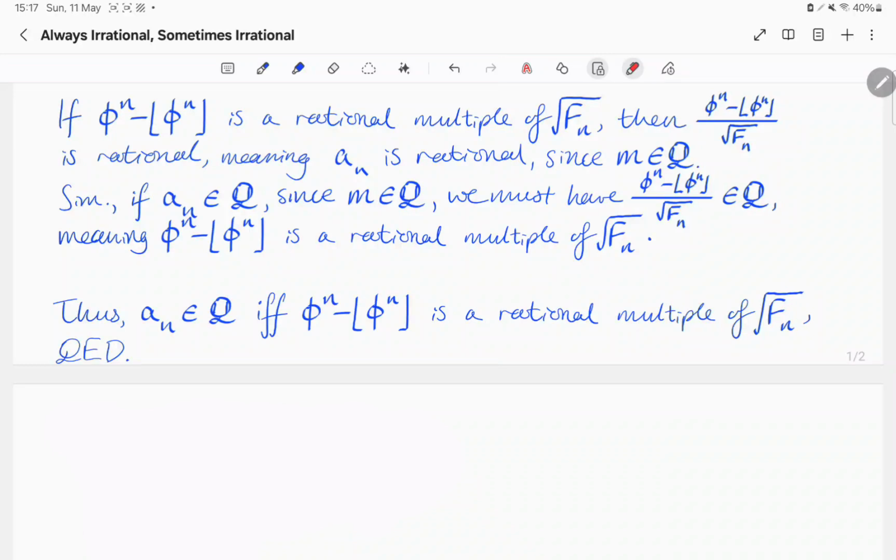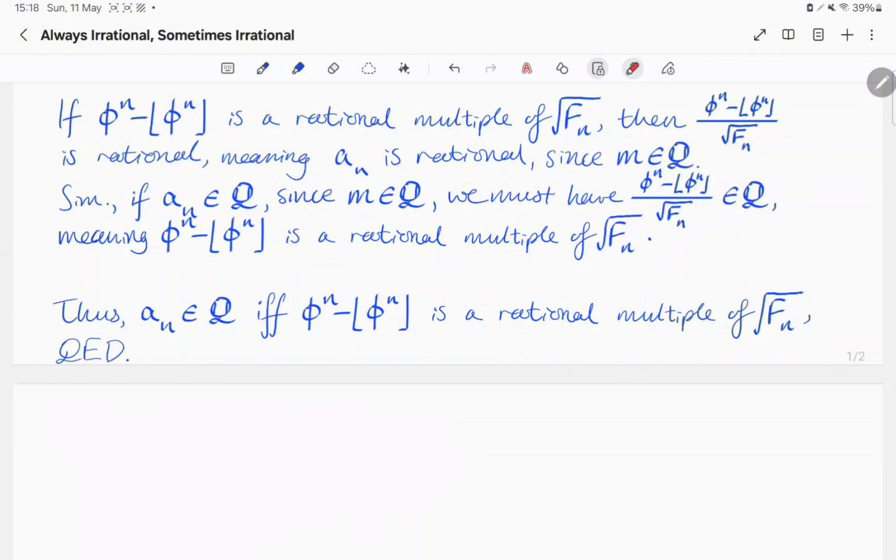Let's continue with this part of the question. We'll firstly prove this in the reverse direction. If phi^n minus the floor of phi^n is a rational multiple of the square root of F_n, then (phi^n minus floor phi^n) all over the square root of F_n is rational, meaning that a_n is rational since m is already a rational number.